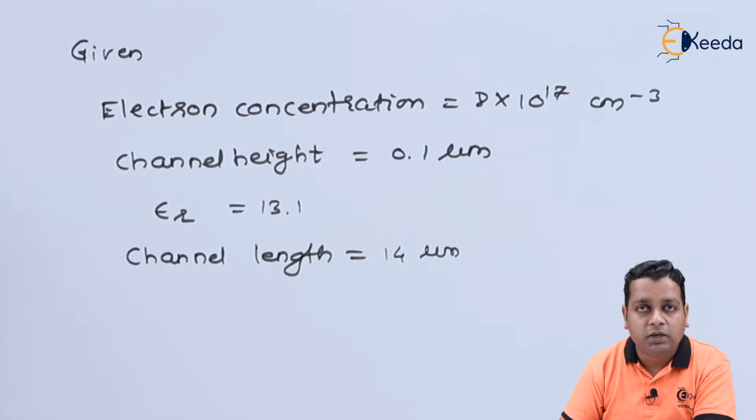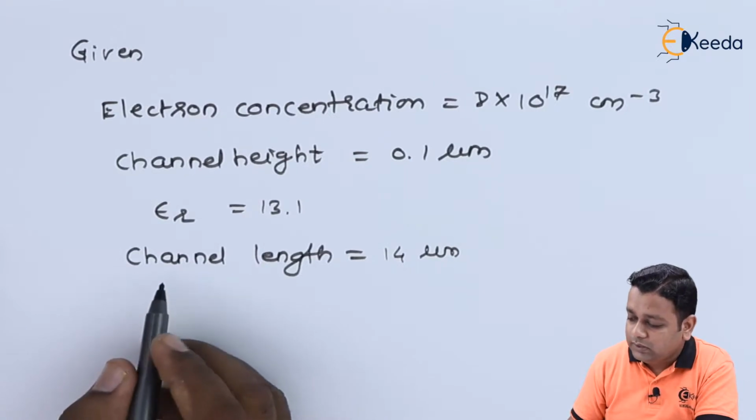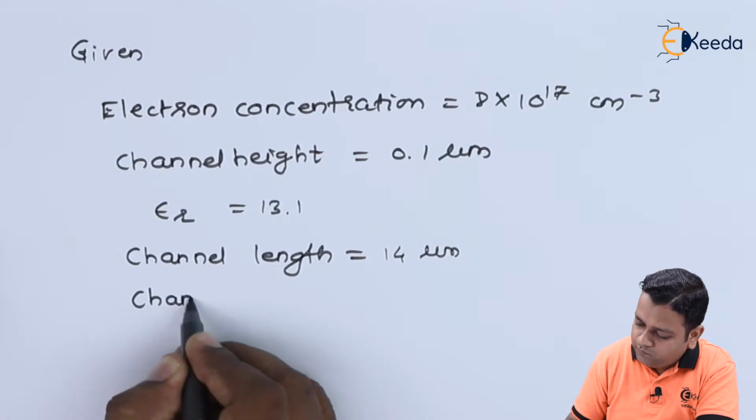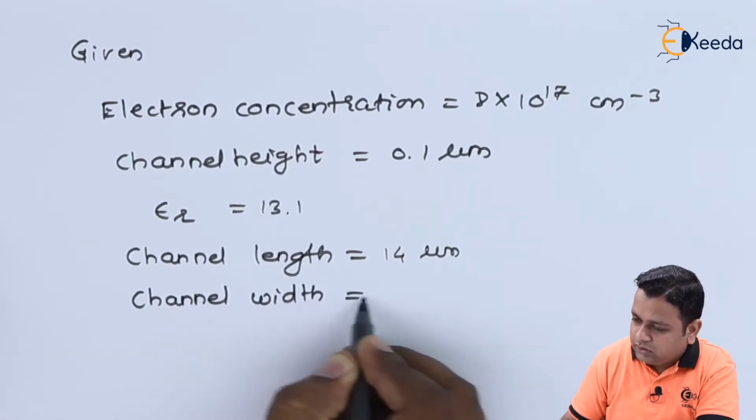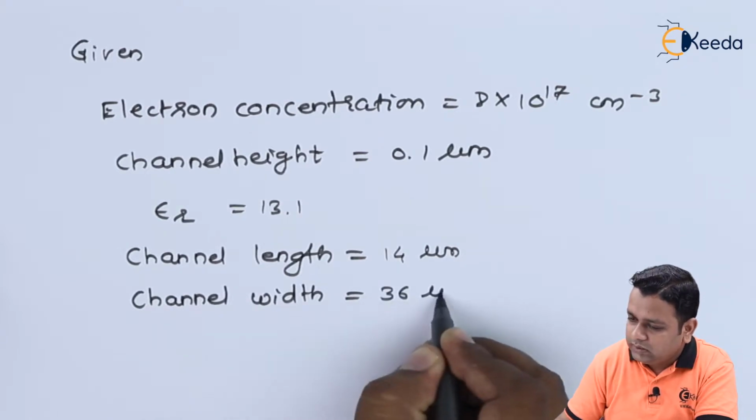Another dimension of the device is represented by Z. So Z is nothing but the channel width, and the channel width value here is 36 micrometer. After these dimensions of the device, we have the representation of mu.